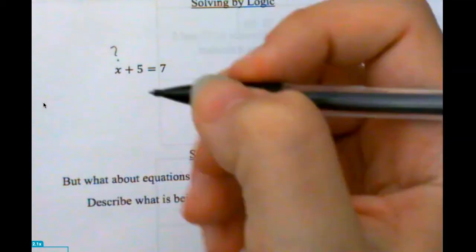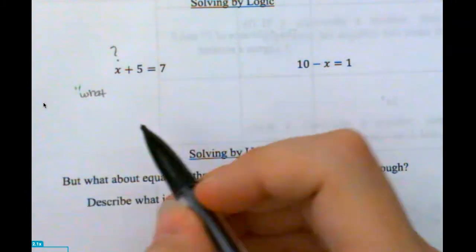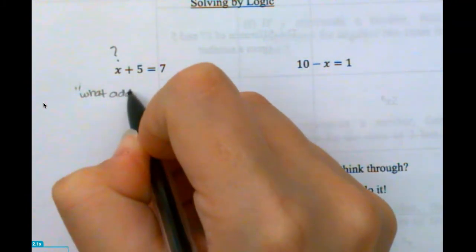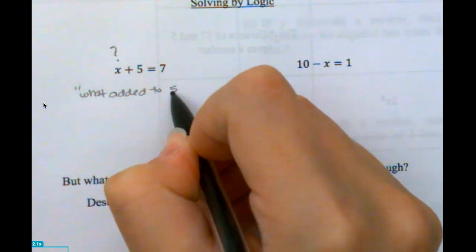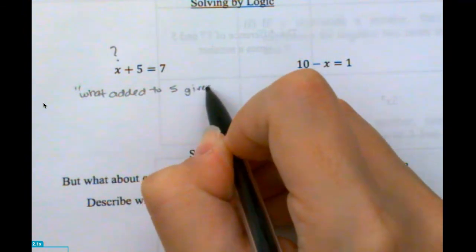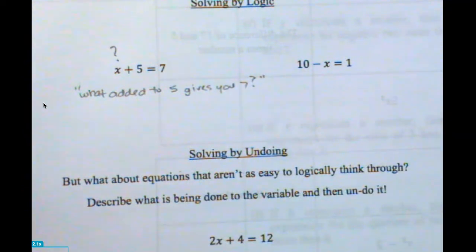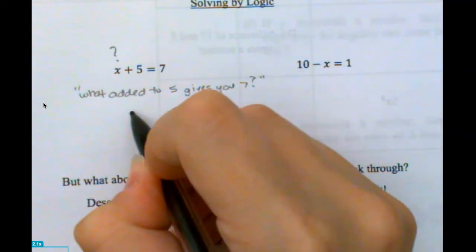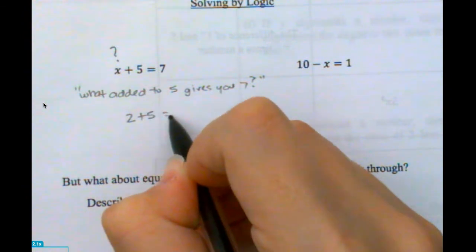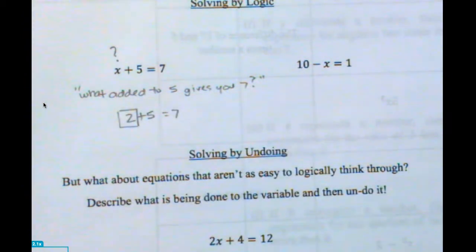So what added to 5 gives you 7? That's the question you're asking. The answer is 2. 2 plus 5 equals 7. So my answer to this equation is 2. I didn't do any special solving tricks. I just thought to myself, well, what does it have to be to give me 7?